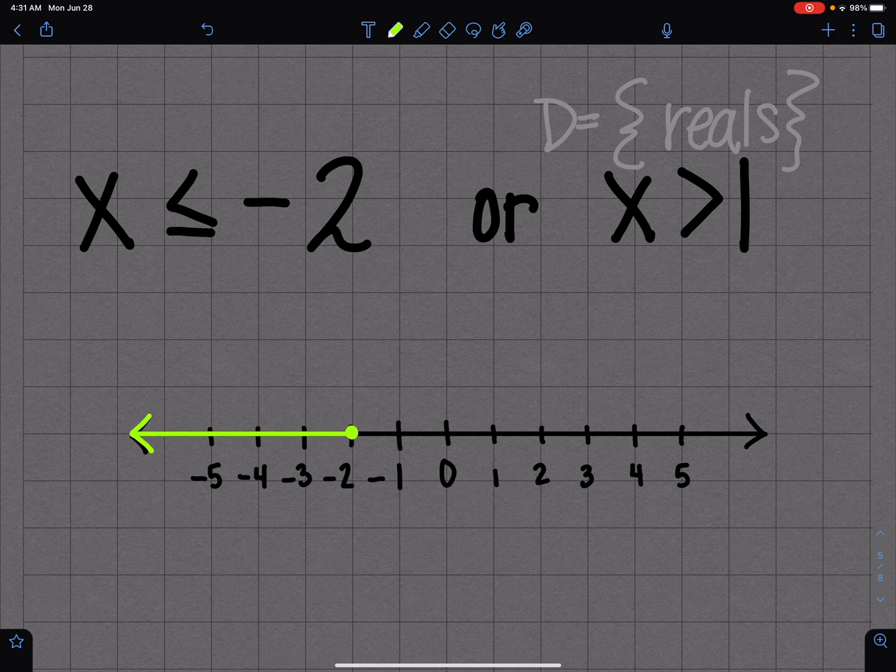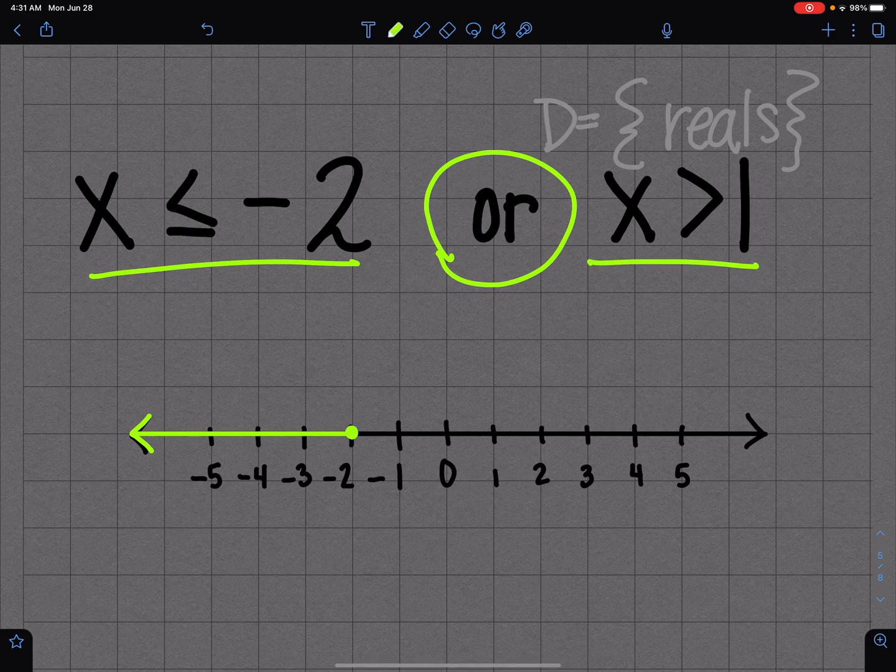So that's this part of the domain. Now, because we have a disjunction and it's or, that's not the whole problem, because there's also x is greater than 1. So now this is going to be an open circle at the number 1, and we are going to include all real numbers that are greater than 1.